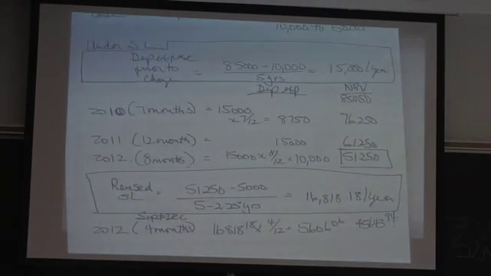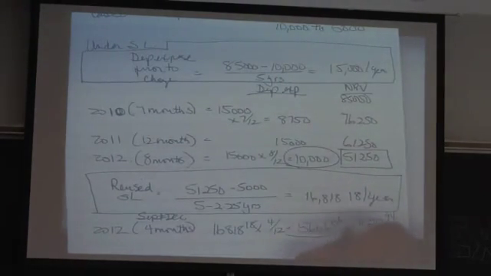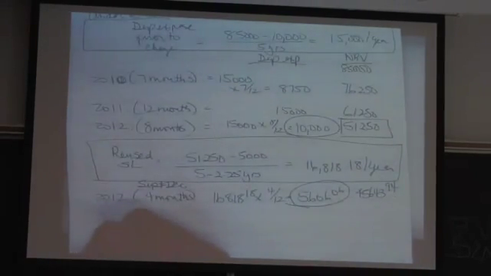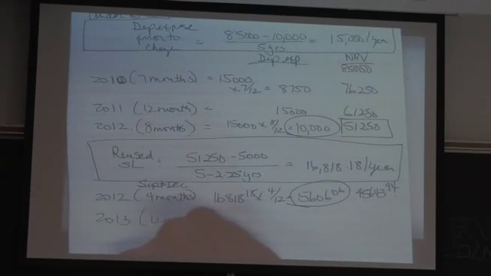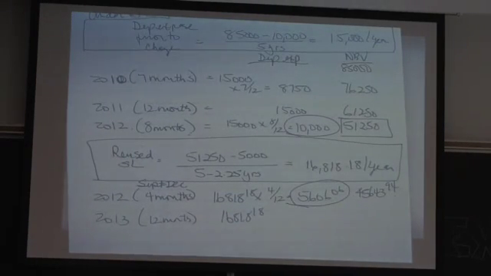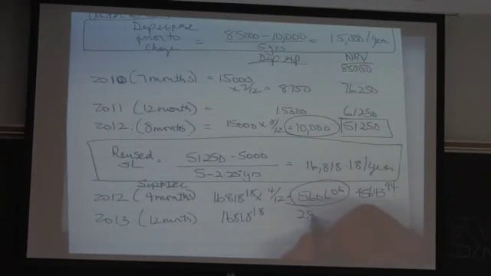So the depreciation expense for 2012 will be 10,000 plus 5,606.06, so $15,606.06. 2013 is 12 months. And we know that's got to be 16,818.18. Net book value is 28,825.76.